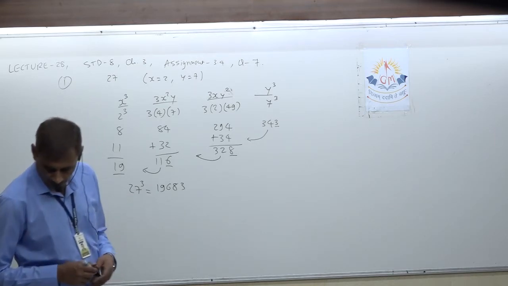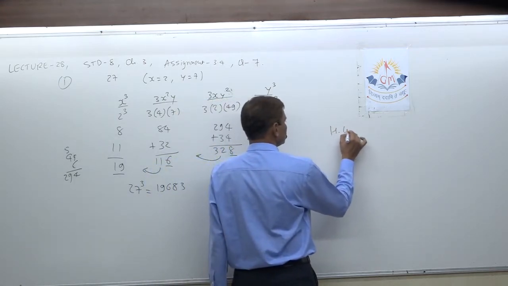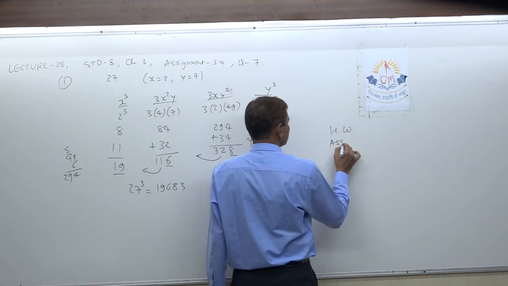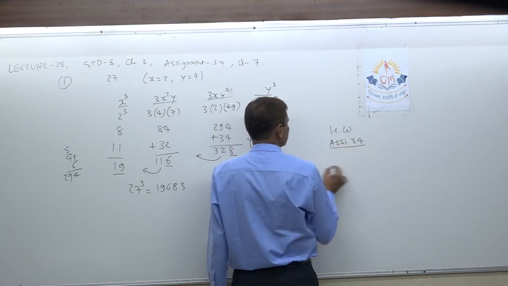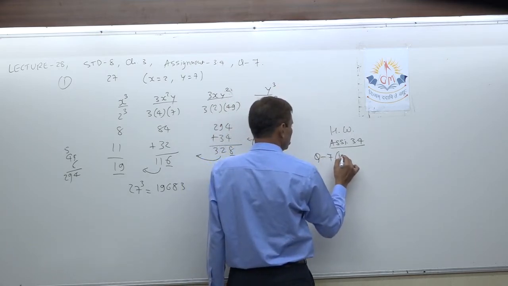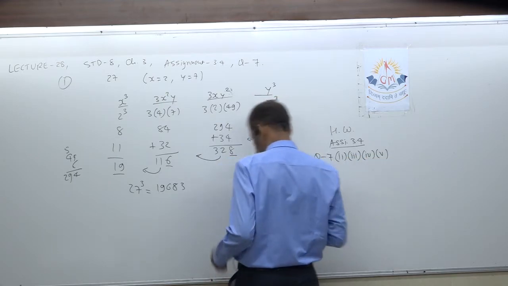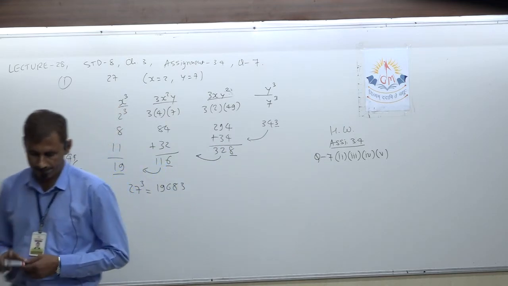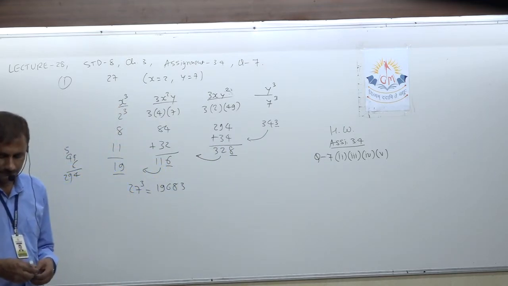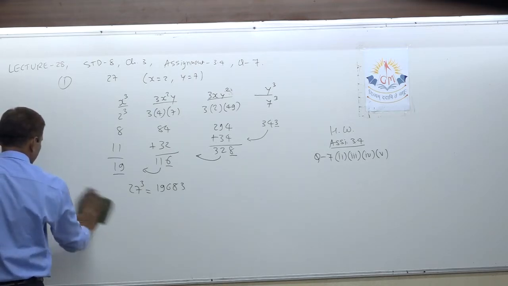Questions 2, 3, 4, 5 in between are for homework. Okay, I am going to solve 6 here only. If you want, you can note it down right now by pausing the video, otherwise take a screenshot.